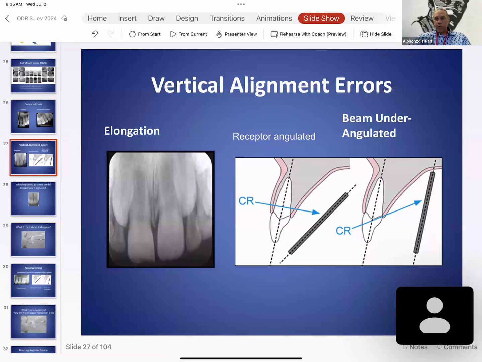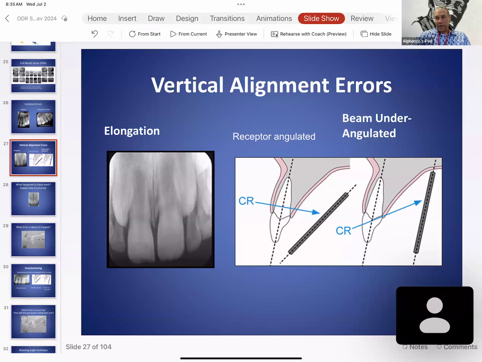So let's just very quickly, any questions? Okay, let's keep moving. Here's a vertical alignment error, and then you can see the elongation. And you should understand how this is achieved and why you get elongation. Basically, it has to do with the position of the central ray and the angulation of the sensor.